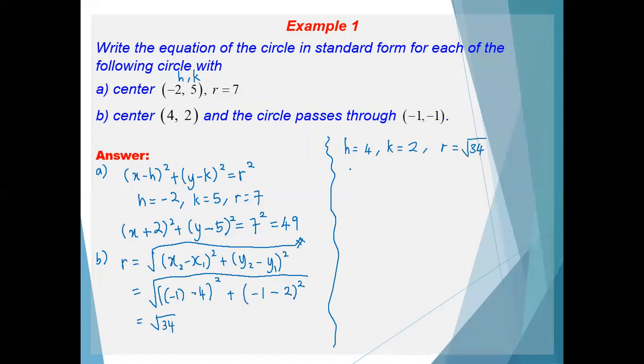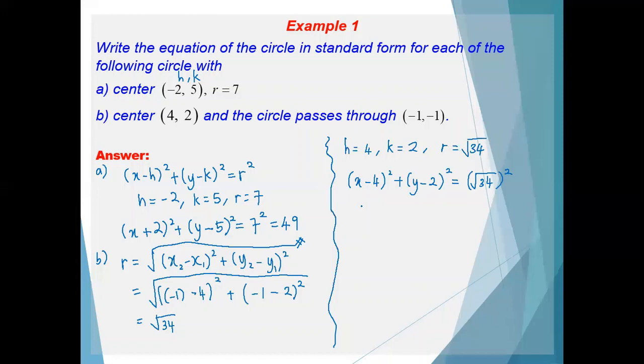So the standard equation form of a circle is (x minus 4) squared plus (y minus 2) squared is equal to r squared, where r is square root 34.